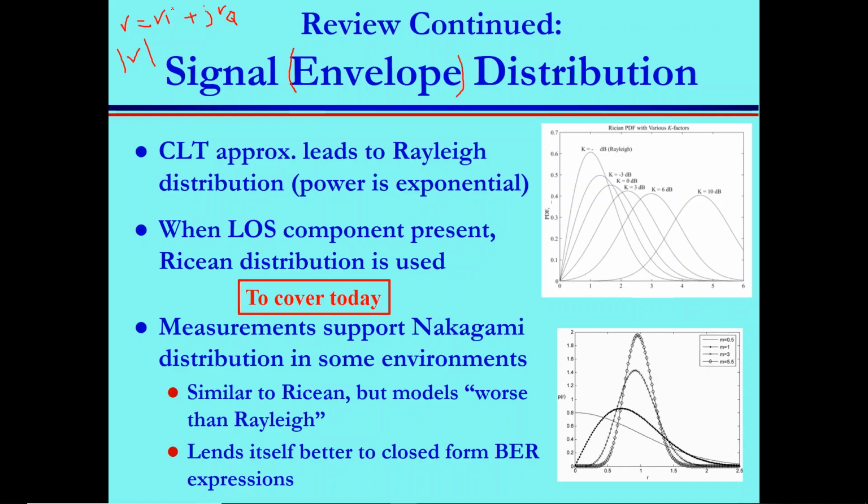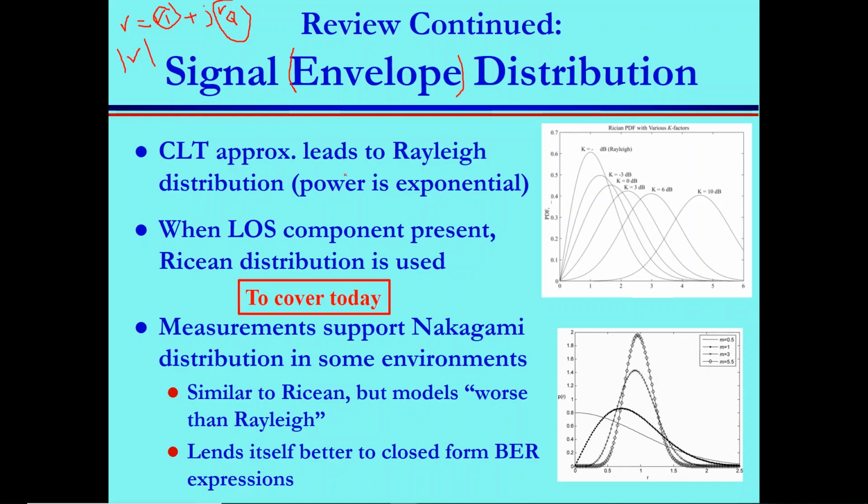This nature of a large number of random received signals produces, based on the central limit theorem, a Gaussian distribution. So this is Gaussian and Q also Gaussian. Now the amplitude of R, which is equal to the square root of the in-phase square plus the quadrature square, we found out that it has a different distribution, which we call Rayleigh.